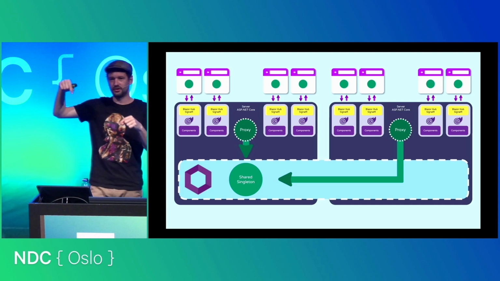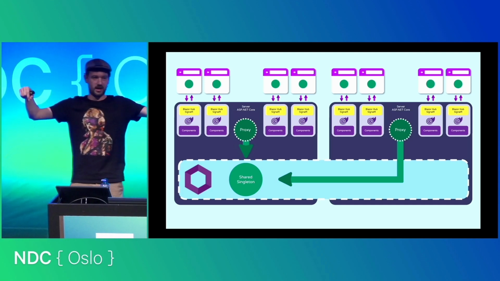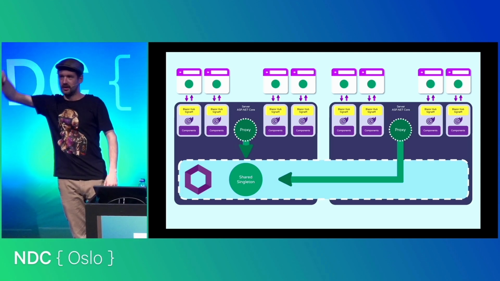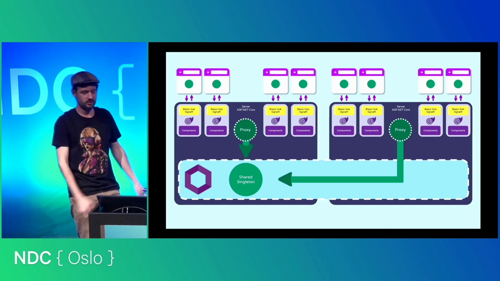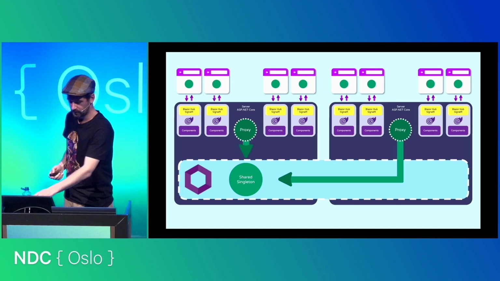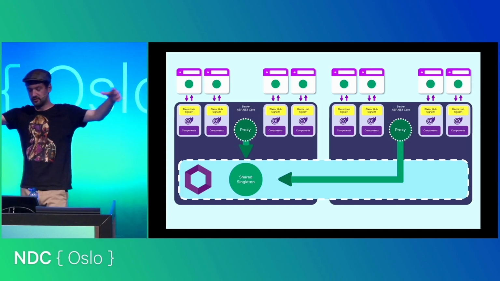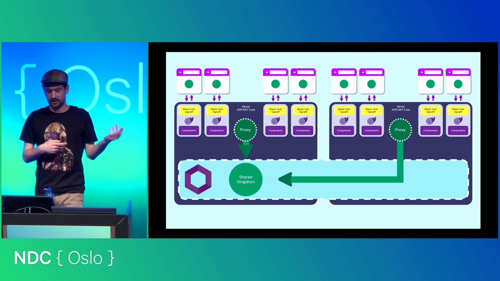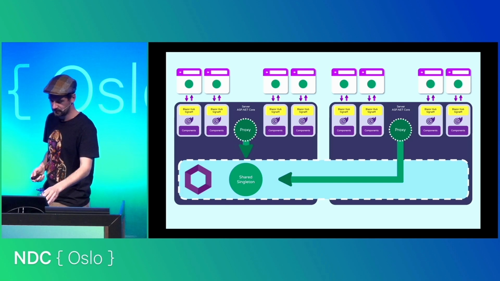And Orleans will make sure that if you're on server B and that object is on server A, it will know, oh, it is on server A, so I will redirect you to that location. So Orleans will make sure that the objects are distributed over multiple servers, that they can be found by an ID, and that there's always only one single instance.